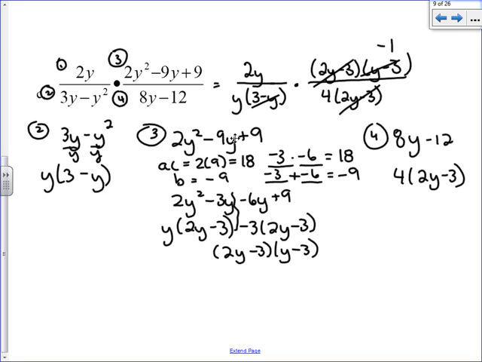So let's bring that over to the side. So I have 2y times -1, which is -2y, over y times 4, which is 4y. Does it look like there's anything left that I can cancel? These are monomials. Yes. There are things I can cancel. What can I cancel? -2 and 4 will reduce to -1/2.